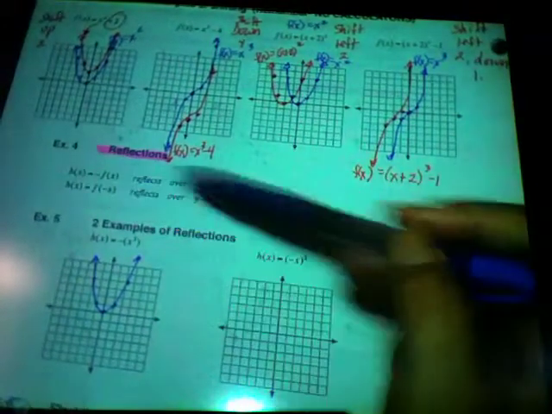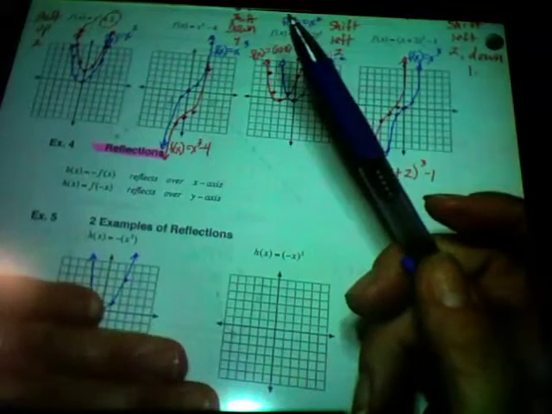Now, because the negative is outside, it is going to be reflected over the x-axis. So this should be flipped right down here.